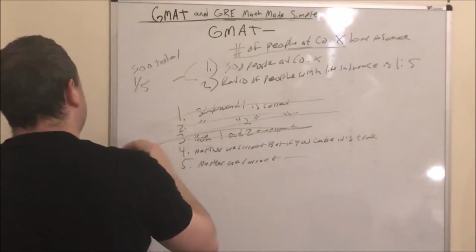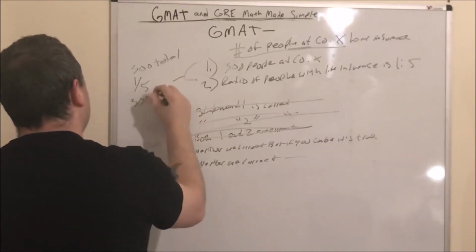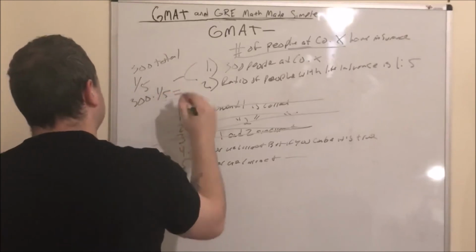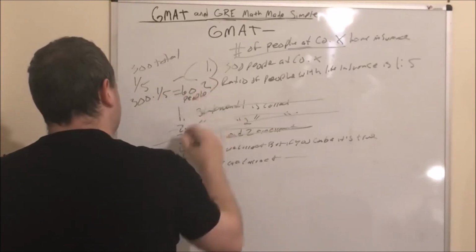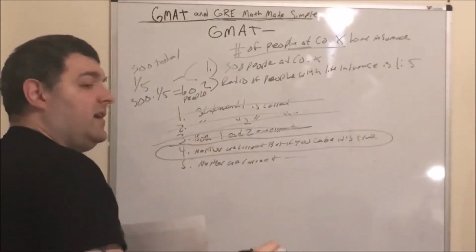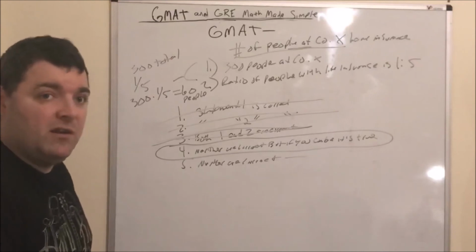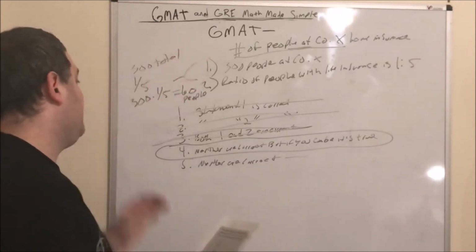So what we can do here to find the answer, if you want to do it, is multiply the ratio, and that gives us 60 people that do have it. So that right there shows that neither separately can solve this question, but if you add those both together, they'll work.